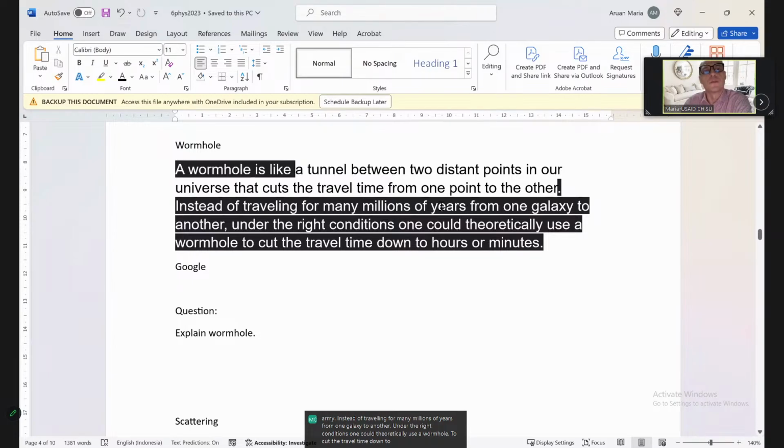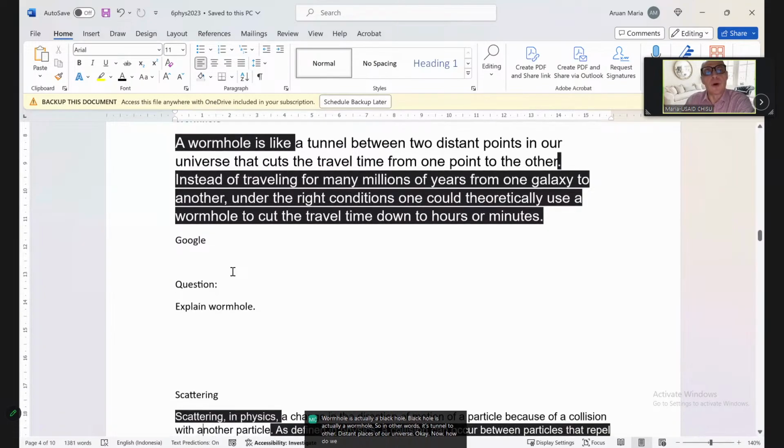Okay, that's from Google. And some scientists say that a wormhole is actually a black hole, and a black hole is actually a wormhole. So in other words, it's a tunnel to other distant places of our universe.